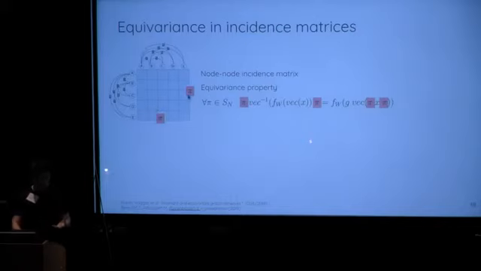The symmetry of this adjacency matrix is that I can permute both rows and columns with the same permutation matrix, and it doesn't really change the graph. So it's invariant to joint permutations of rows and columns. This is the equivariance property that we want. As long as pi here is equal to this pi, we're fine.